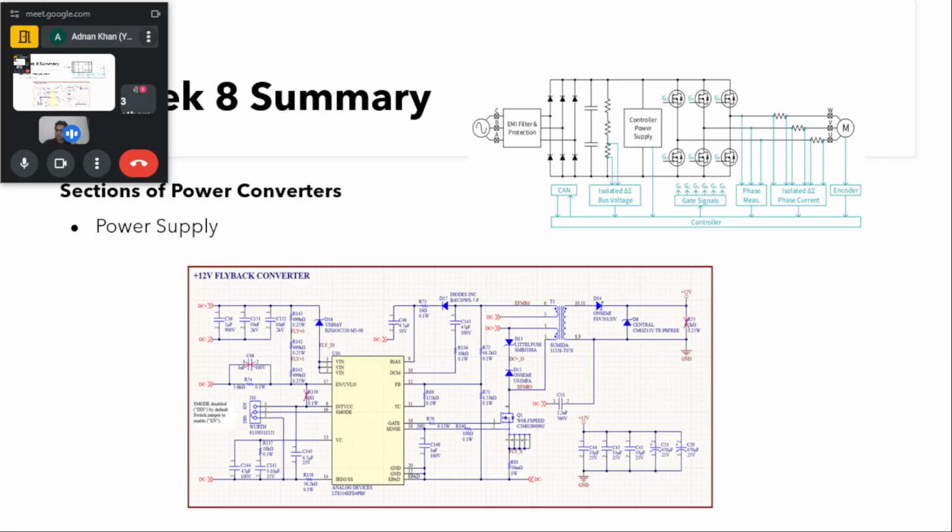For that purpose, this auxiliary power supply is being used. This is a vital part of the power converter, which generates the different voltage levels to drive the other parts of the converter.